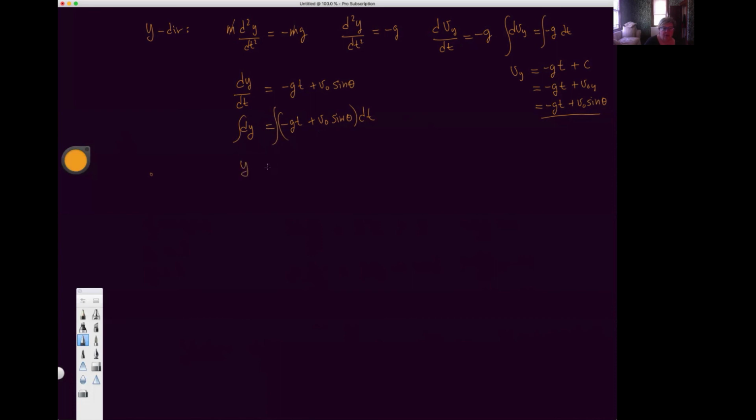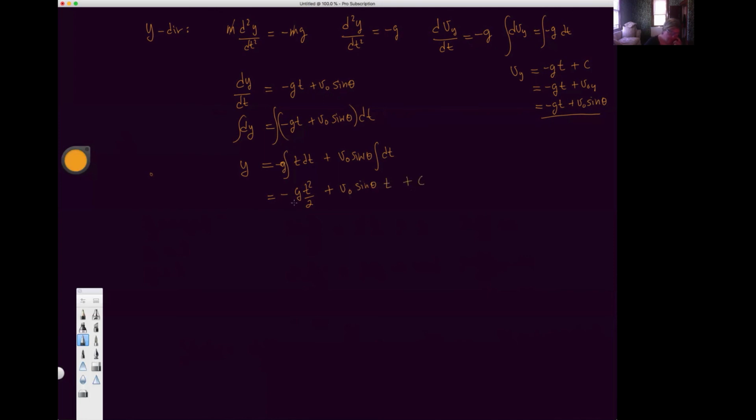Here we get y, and over here we get two integrals, so I'll separate them. We get -g, which is a constant, times the integral of t dt, and then plus V0 sine theta, a constant, times the integral of dt. This gives us -gt²/2 plus V0 sine of theta times t, and then we need a constant of integration.